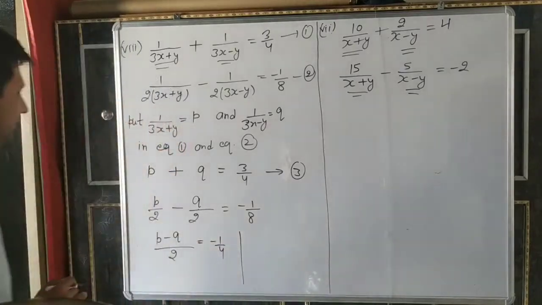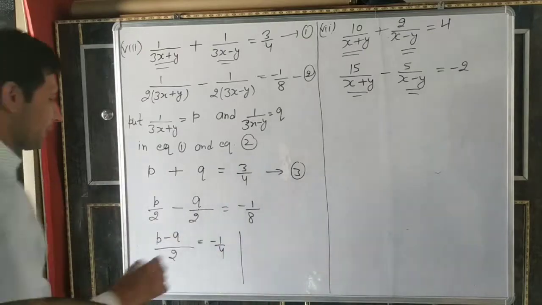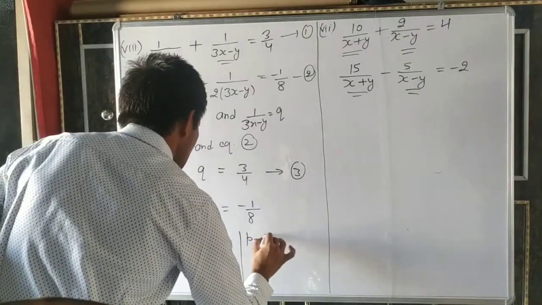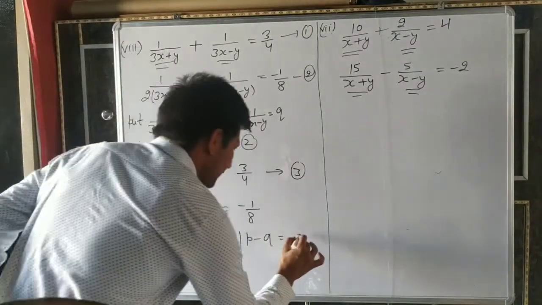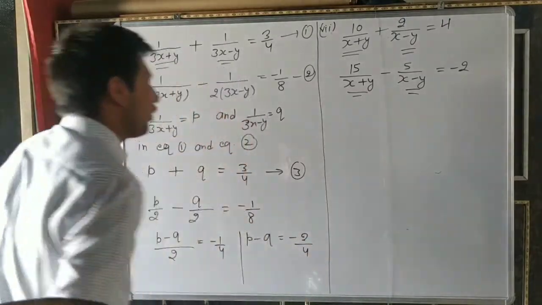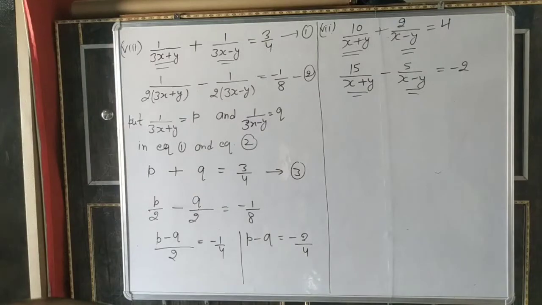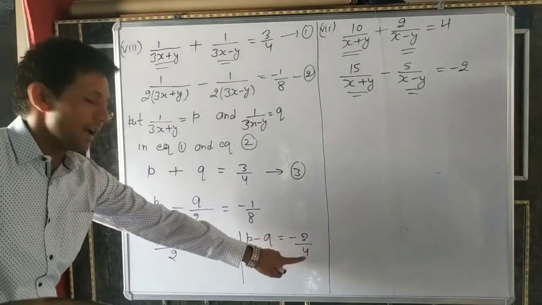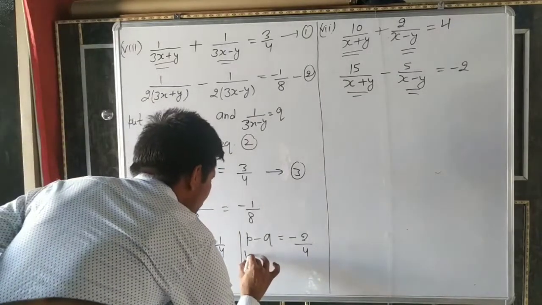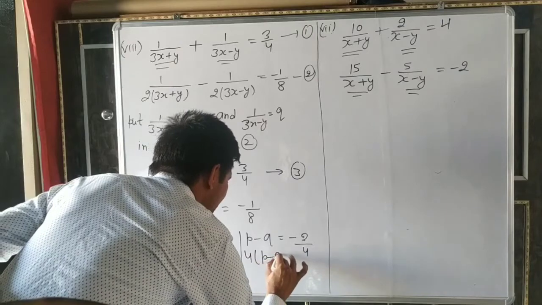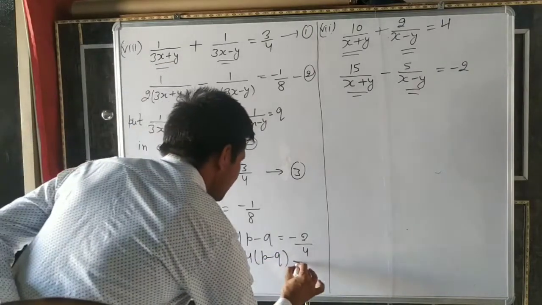So what can you write? On the other side multiply. So p minus q equal to 2 into minus 1 minus 2 divided by 4. Understand? You can cancel, otherwise no need. Now what will we do? 4 is dividing here, so on the other side multiply. So 4 into p minus q, multiply, equals minus 2.